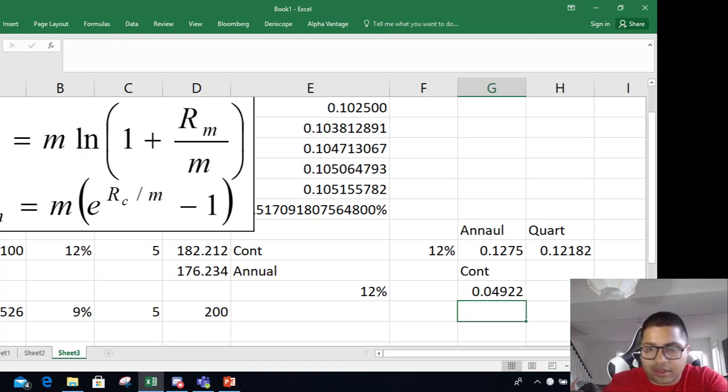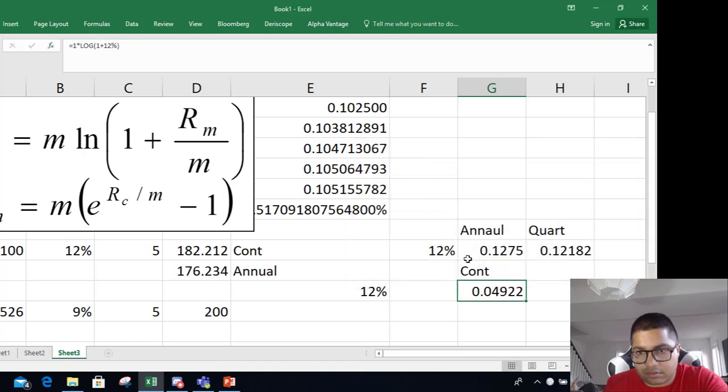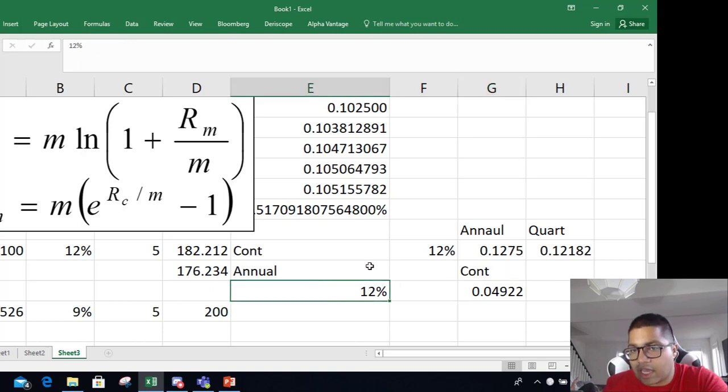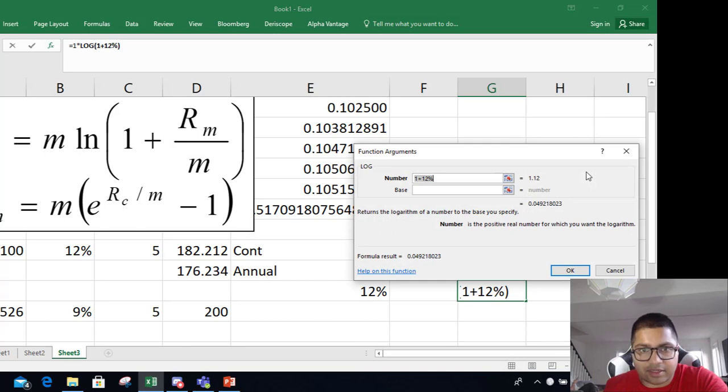If you do that, yeah, the annual rate of continuous is too low. It should be somewhere around 11. So that's what I'm trying to figure out. Why did that happen?